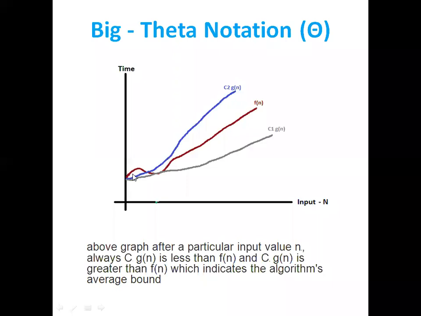The blue line for c2 into g of n shows the upper bound. c1 into g of n shows the lower bound, whereas f of n, the brown color line, shows the average level.